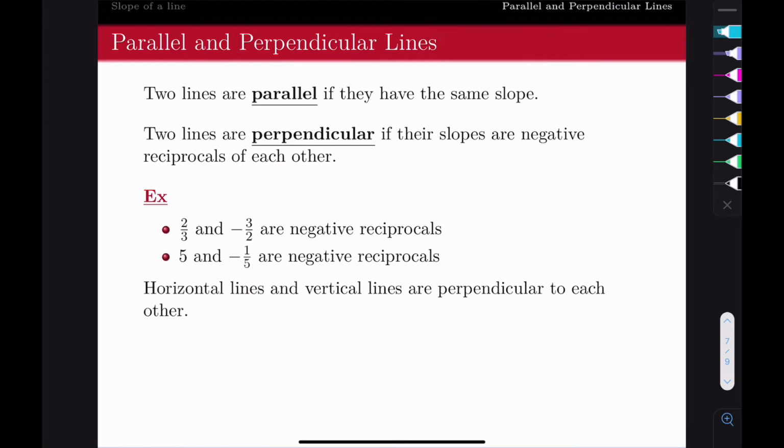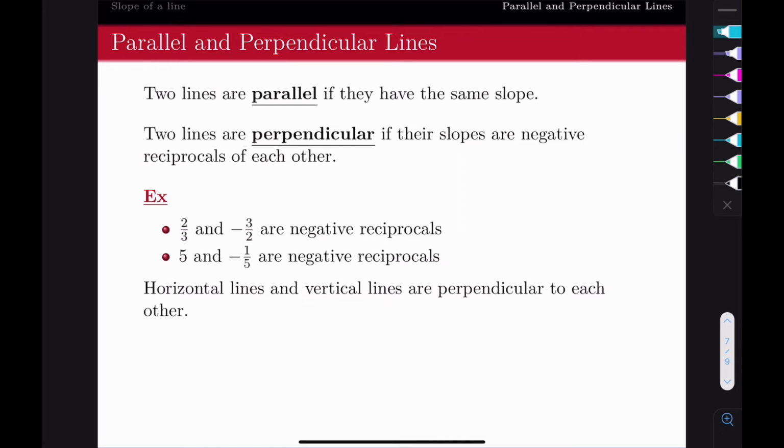If 2 lines end up having the same slope, they're going to run together and run parallel to each other. They'll never intersect. If 2 lines are perpendicular, they're going to form a 90-degree angle. And in this case, their slopes are known as negative reciprocals of each other.